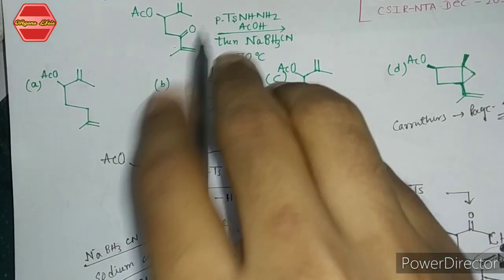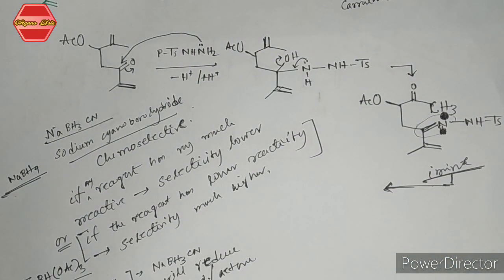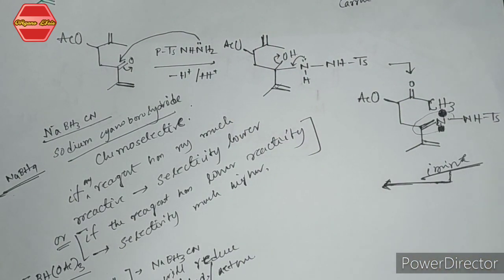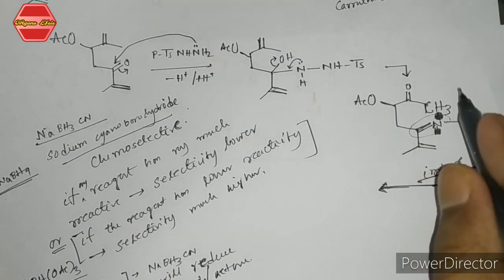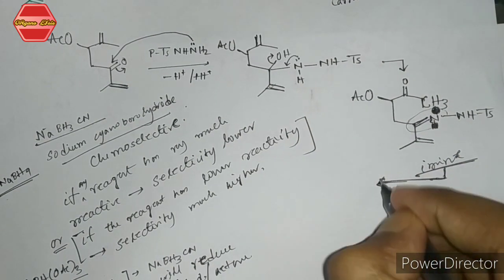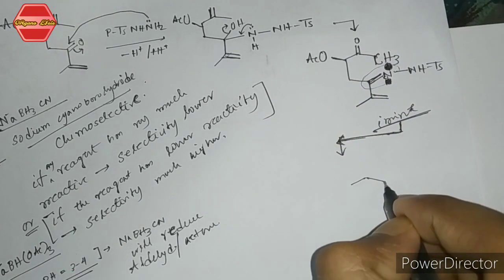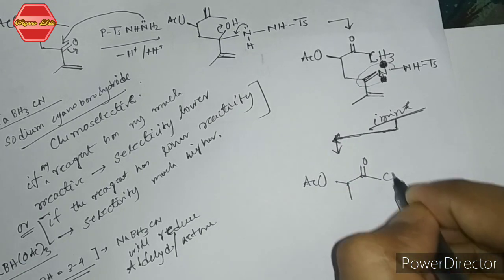Sodium cyanoborohydride usually reduces the imine. In this condition there is no special pH or anything else, so it can easily reduce this imine. So I am writing here, if the imine is reduced, what will be your product?